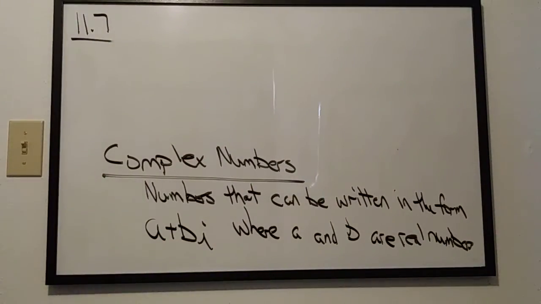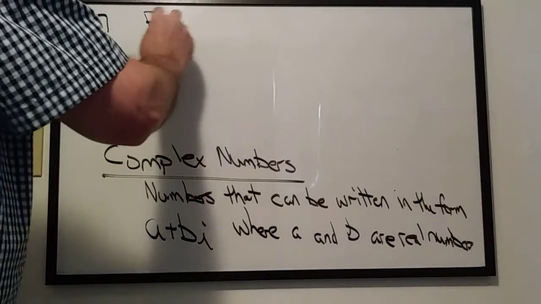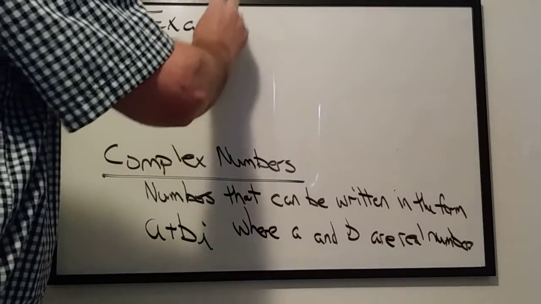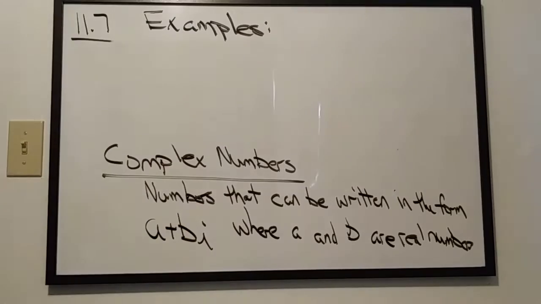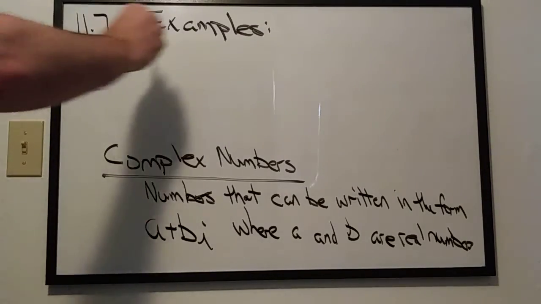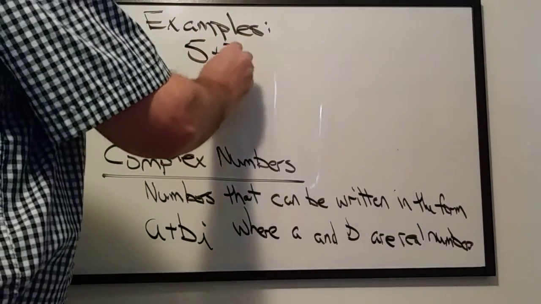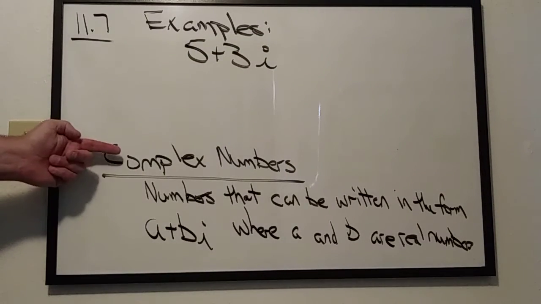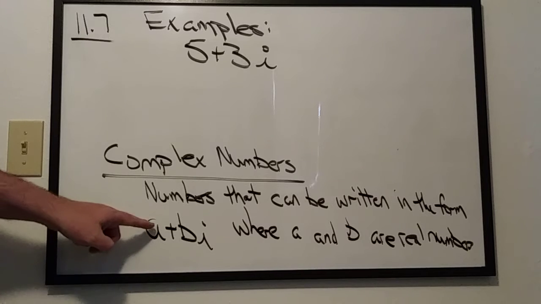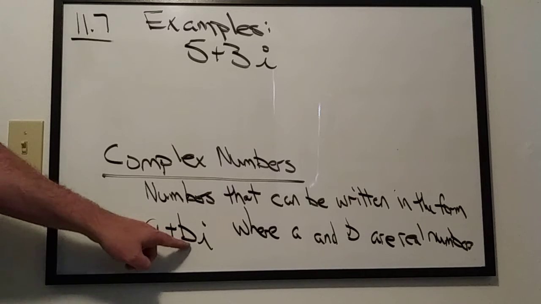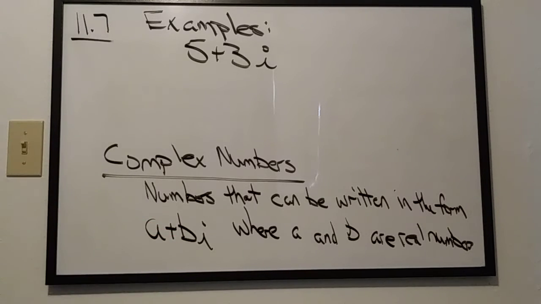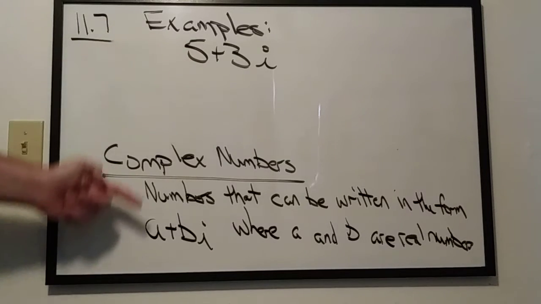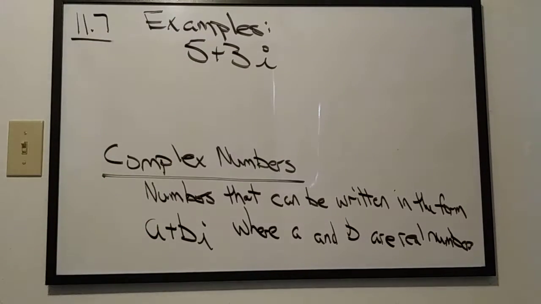And the first couple of examples are pretty straightforward, and most people feel pretty comfortable with them. So if I write down 5 plus 3i, 5 plus 3i is a complex number because it's in this format. We have an a that's a real number plus a b that's a real number times i. So in this case, our a is 5 and our b is 3. So 5 plus 3i is a complex number.